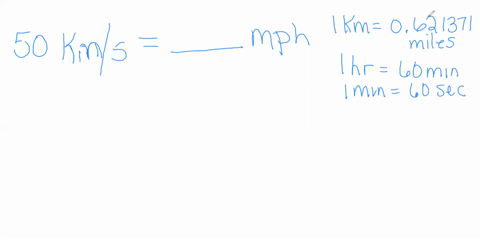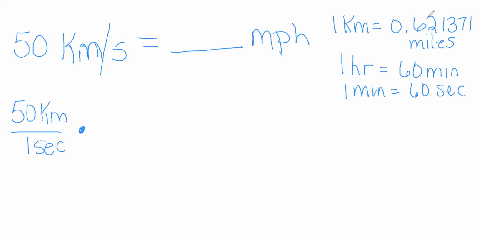Okay, so let's go with what's given. So we know that you have 50 kilometers per second. Okay, that's what you got, the km/s, that's kilometers per second. So you can go 50 kilometers in 1 second. That's how you write the fraction for that. All right, well, let's look at the distance first.